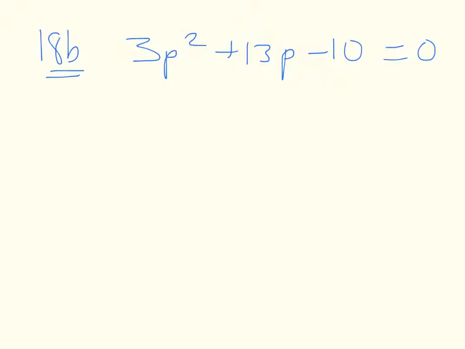So complex trinomial, Australian method time. What you do is you take this guy and this guy, you multiply them together, and when you do that, you get minus 30.